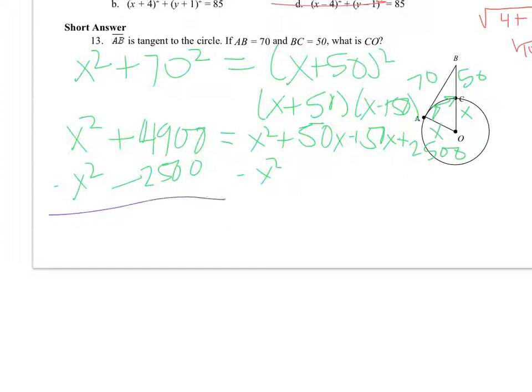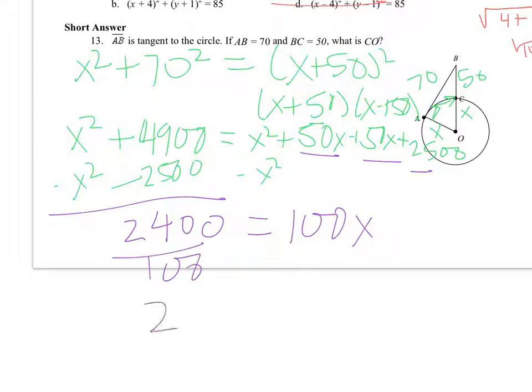And I get 2,400 is equal to 50x plus 50x, which is 100x. And again, I already subtracted this over. So now divide by 100. 24 is equal to x.